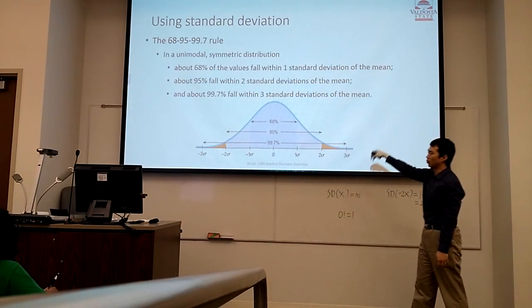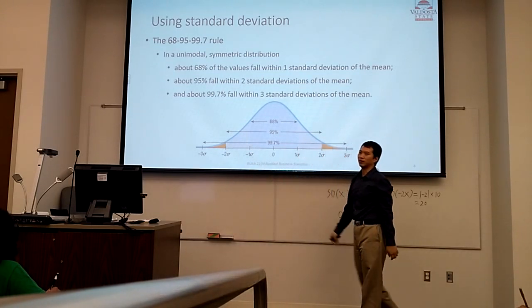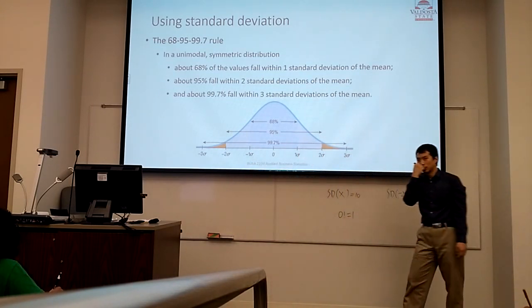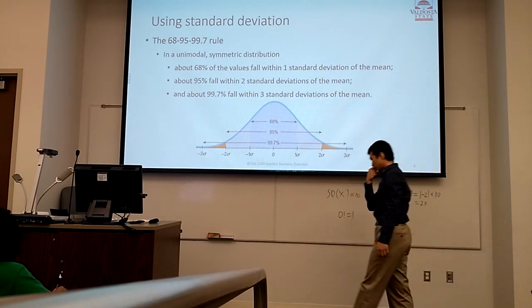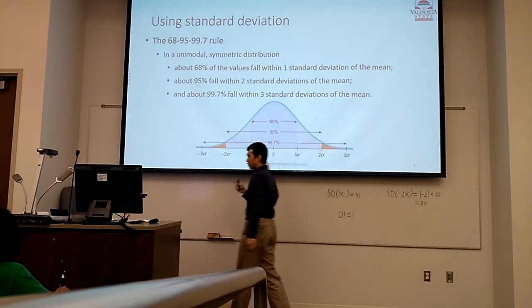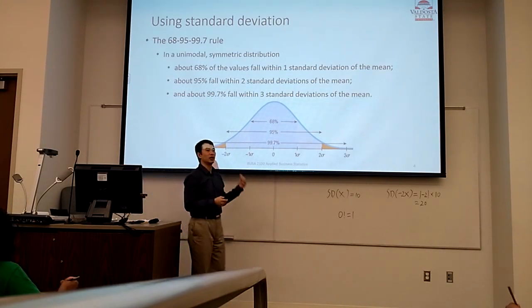Most of the time we are dealing with this kind of distribution in this chapter. That's where we start to talk about the 68, 95, and 99.7 rule.